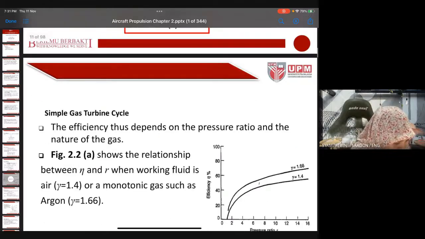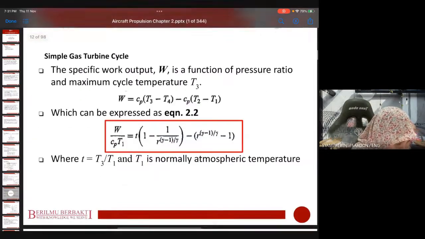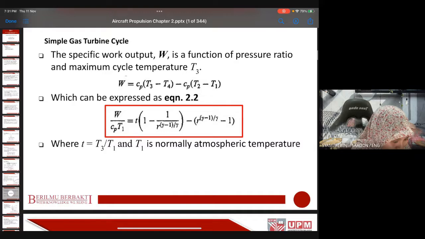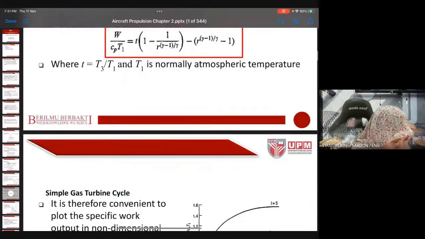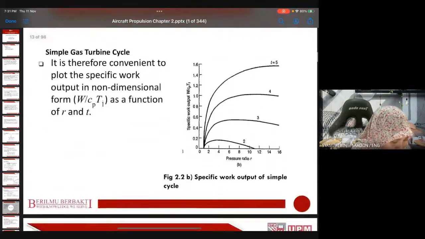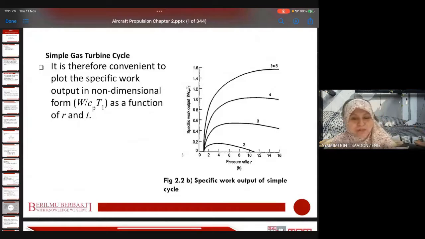We have passed that, and the specific work output we have done also. Figure 2.2b shows the relation between the specific work output and the pressure ratio.